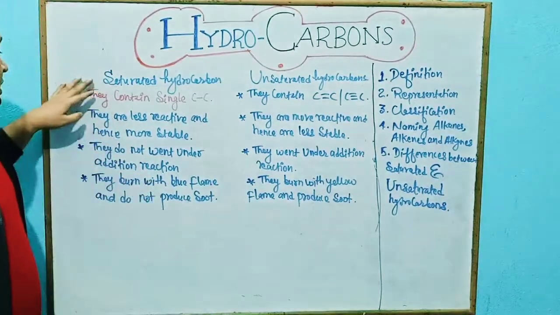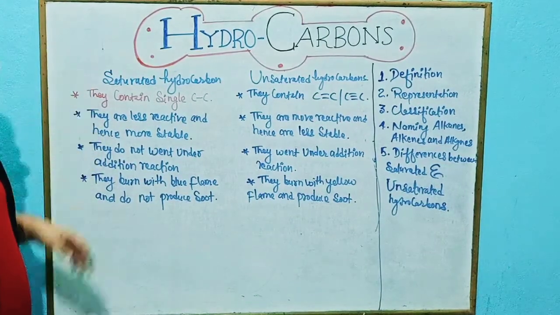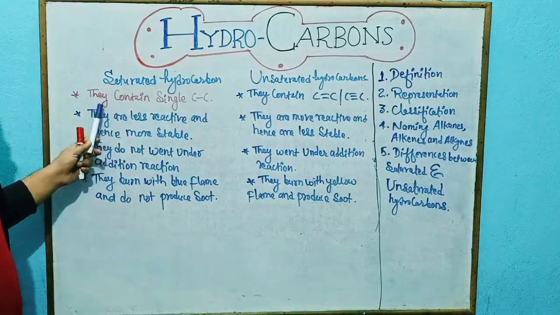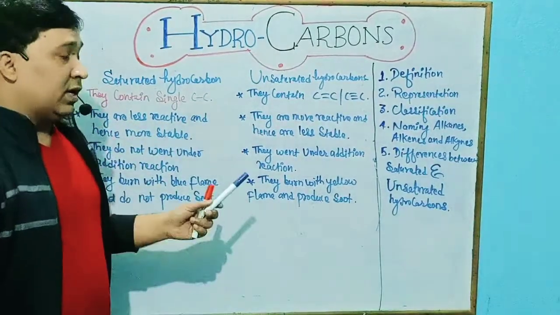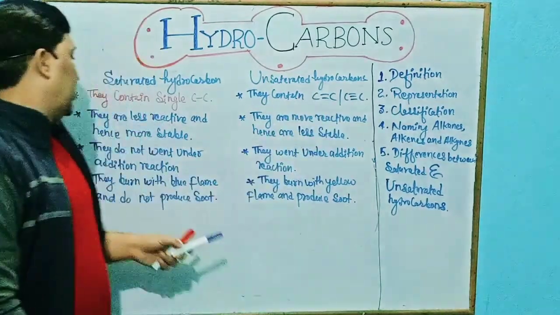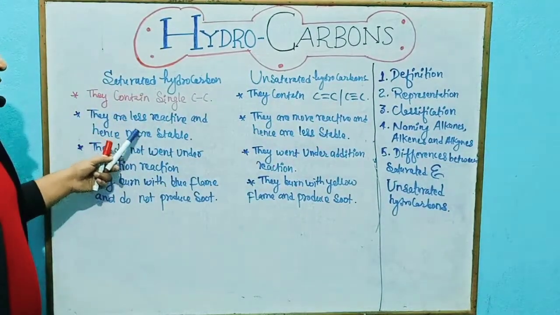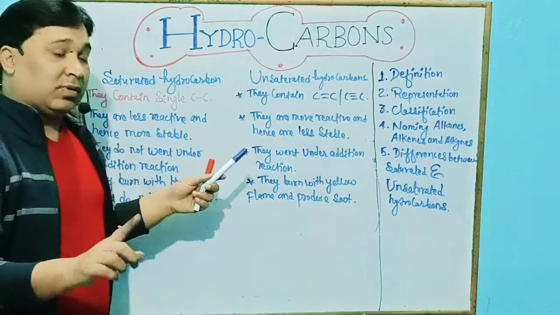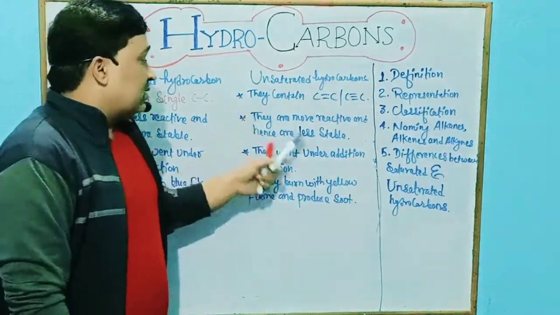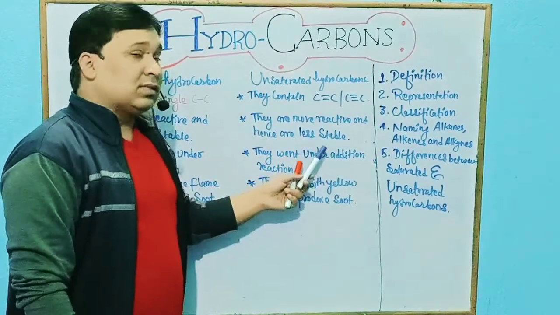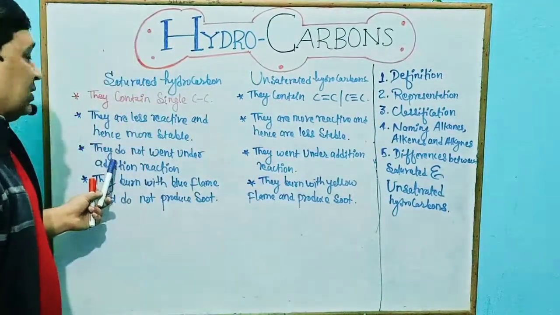So these are a few differences between saturated and unsaturated hydrocarbons. Let us recap. Saturated hydrocarbons contain single C-C bond, whereas unsaturated hydrocarbons contain double and triple C-C bond. Saturated hydrocarbons are less reactive, hence they are more stable, whereas unsaturated hydrocarbons are more reactive and hence less stable.